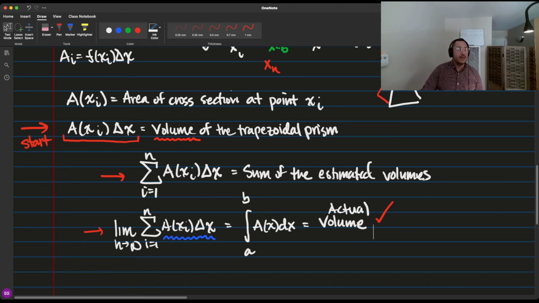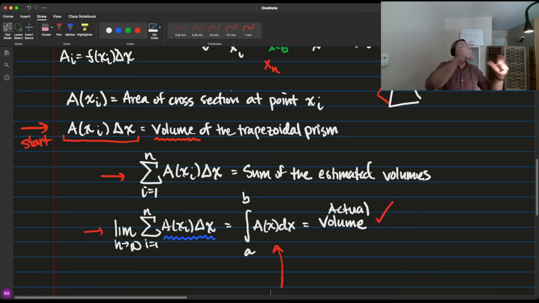Remember how in the previous lectures I talked about how people just want to jump ahead to the integral at the end? This is why you need to know those steps, because you started off with this formula, which was a volume formula. But how did you get it? Well, it was some function times delta x, right? And then you add up all of those, and that's the sigma of the area function times delta x.